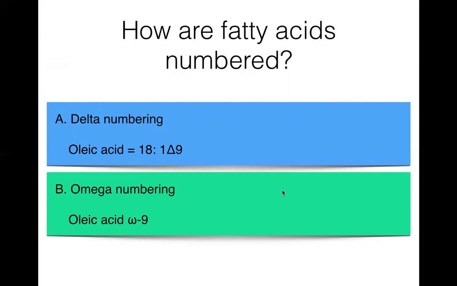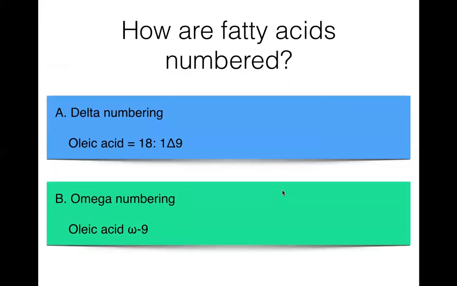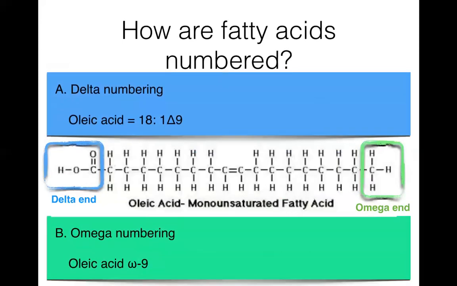Our example is oleic acid. The structure is shown here. Oleic acid contains 18 carbons. So if you use the delta numbering system, oleic acid can be referred to as 18 colon 1 delta 9. So what does this mean?